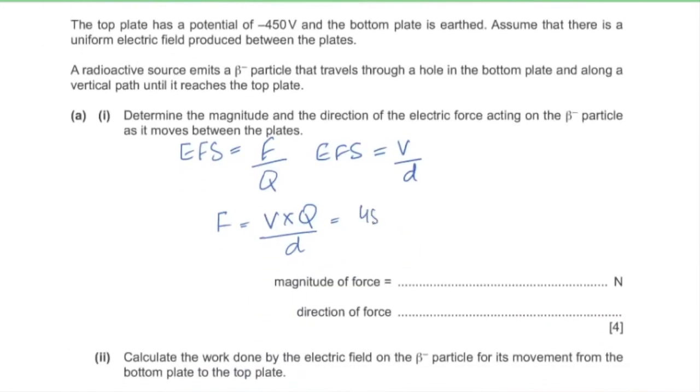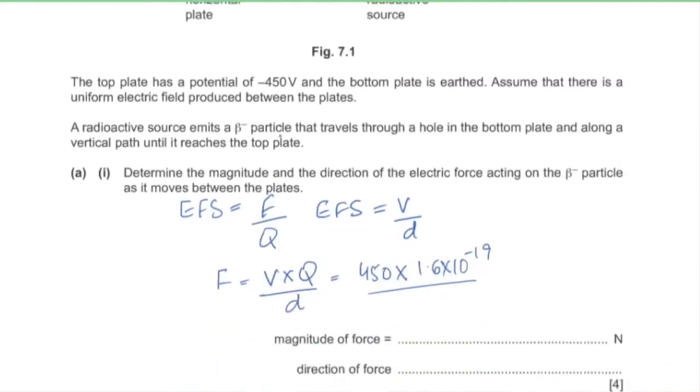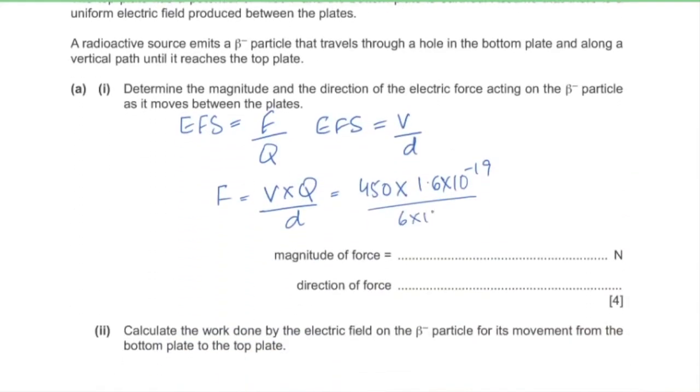The charge for a beta negative particle is 1.6 × 10^-19, and the distance between the plates is 6 millimeters, which is 6 × 10^-3 meters. You get a magnitude of force of 1.2 × 10^-14 newtons, and this is going to be vertically downwards.